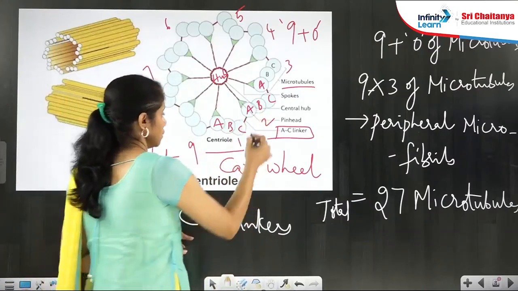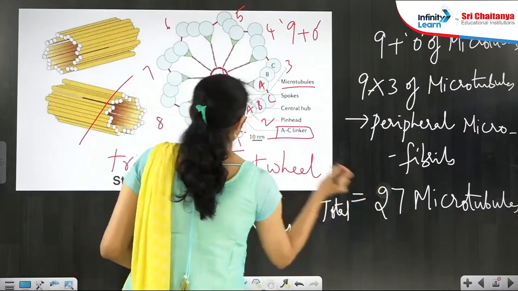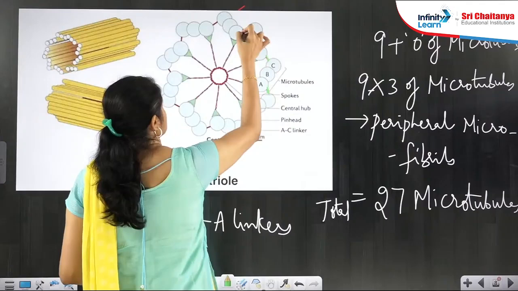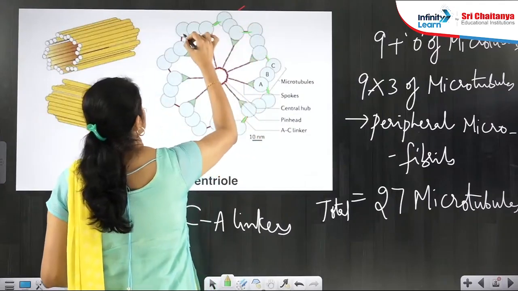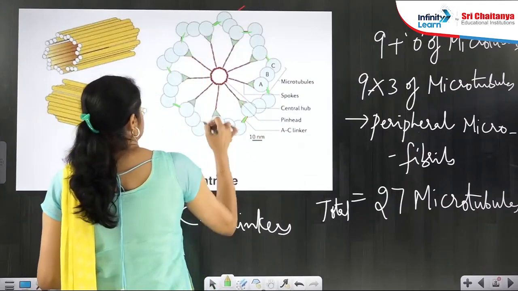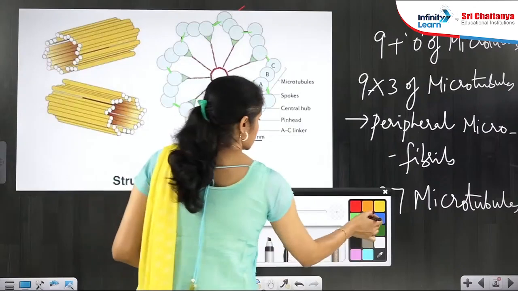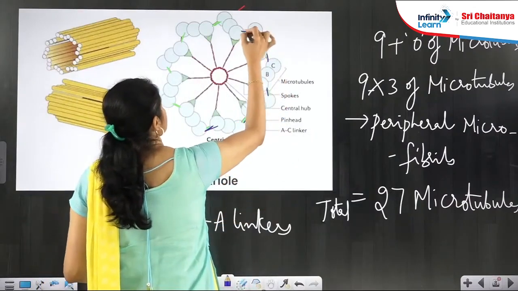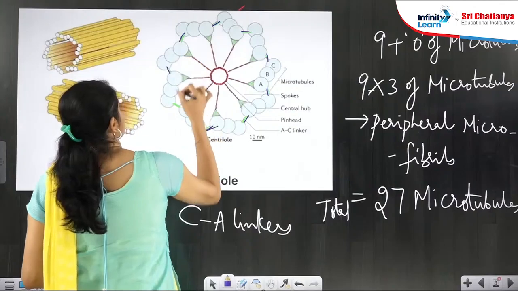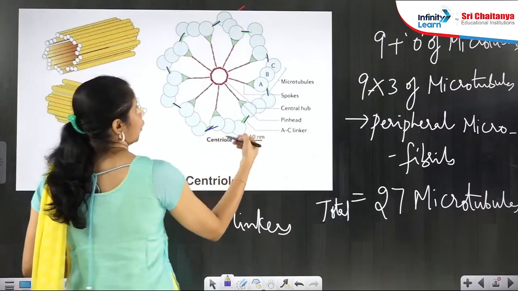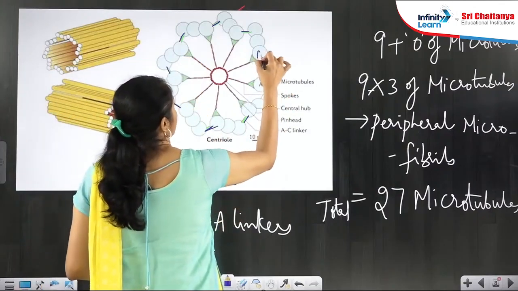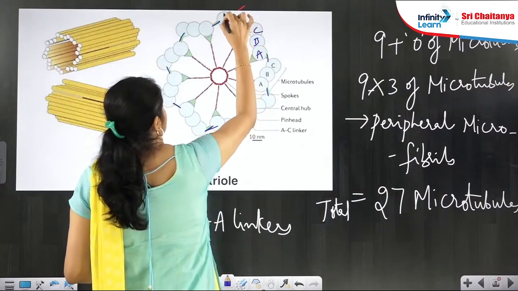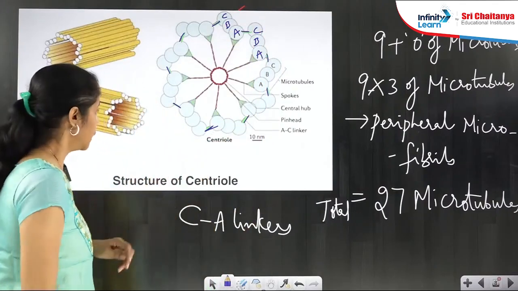The connections are there here like this. These are CA linkers, because C of one thing will be attached to the A of the next thing. Okay, those are called CA linkers.